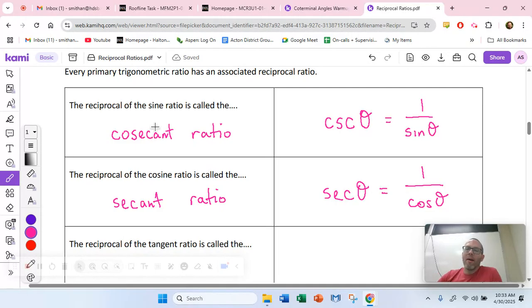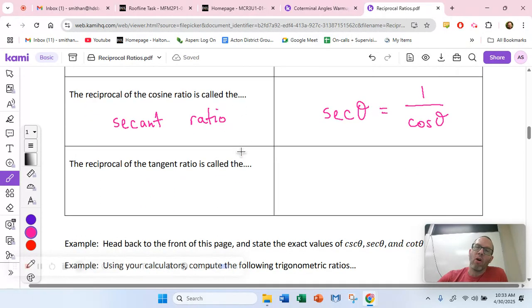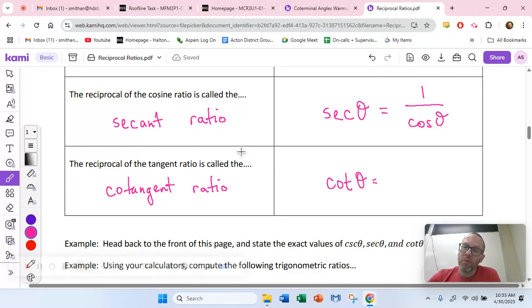And the reciprocal of the tangent ratio is called the cotangent ratio. Sorry, my writing is awful there. Cotangent ratio, and its symbol, COT. Cotangent of theta is equal to 1 over tan theta.